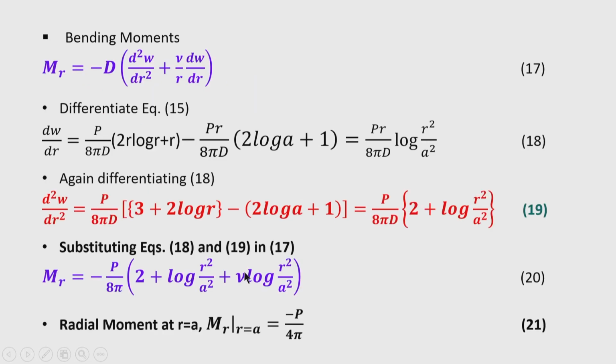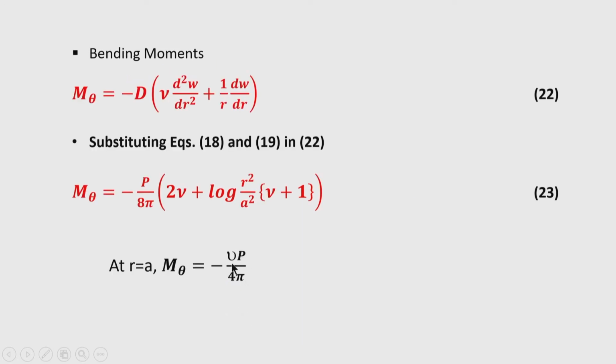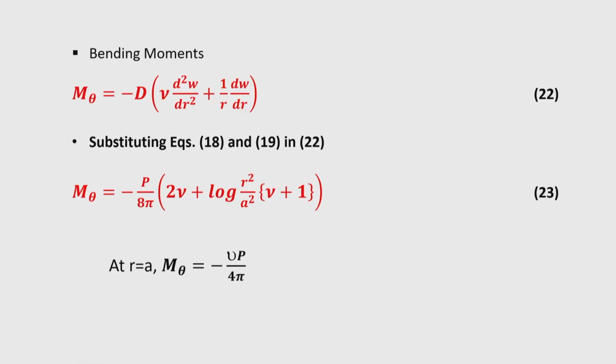Now, compared to the earlier value of the moment, minus P by 4 pi, if you calculate this value, then you will find this moment is reduced because of this Poisson ratio effect. Then one can also find the shearing force, but the shearing force can be found from the equilibrium in the vertical direction, or from finding the third derivative and equating it to the shearing force. Because we know the deflected surface, we can now obtain the derivative up to third order easily.